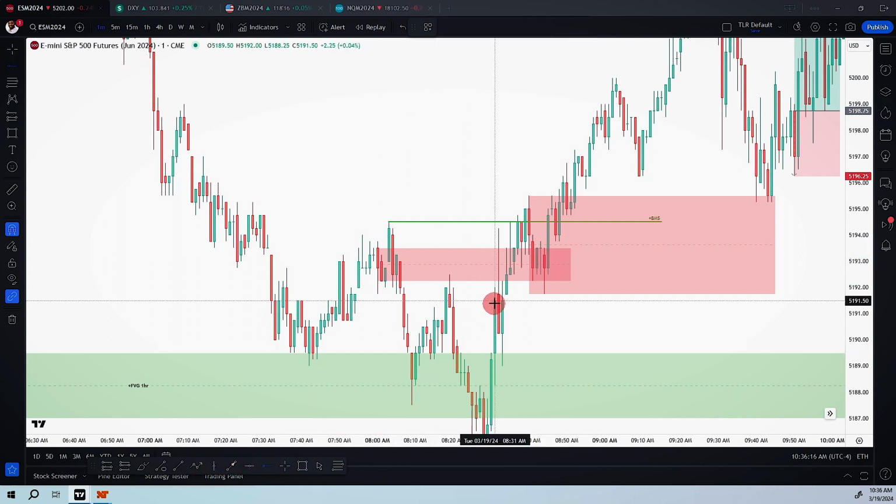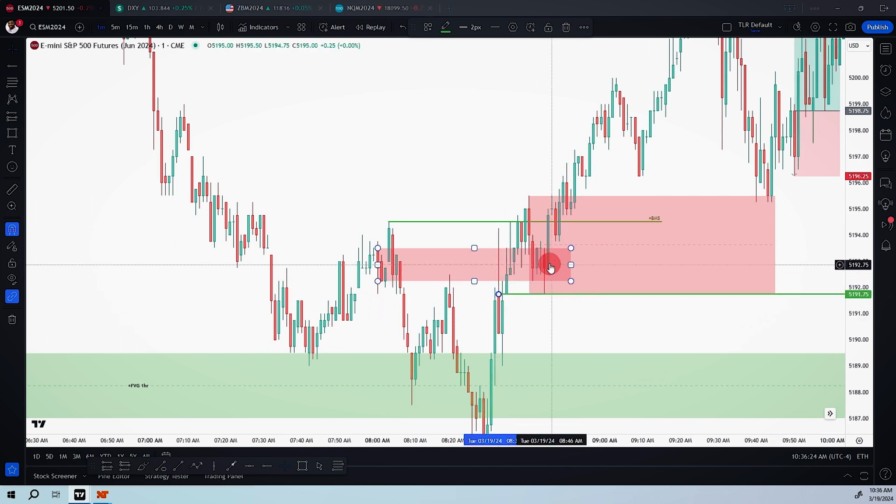Okay. The opening price of this down close candle right here, this order block, 51.91.75. The low of this candle right here, this 844 candle, 51.91.75. Right? So the order blocks are playing together.